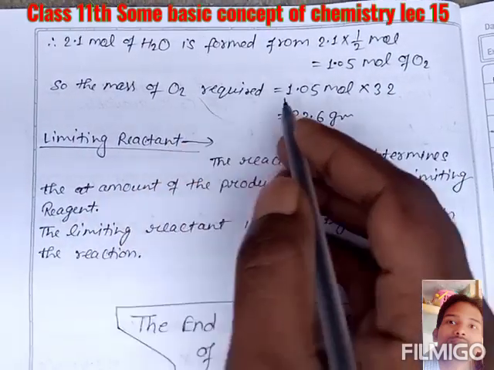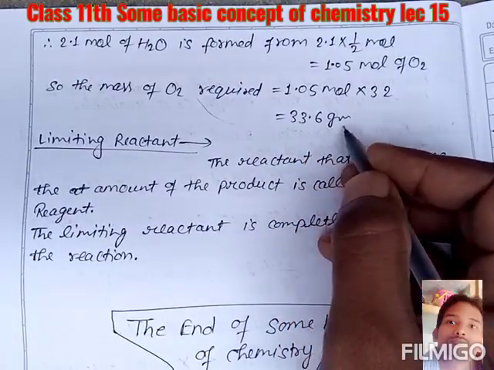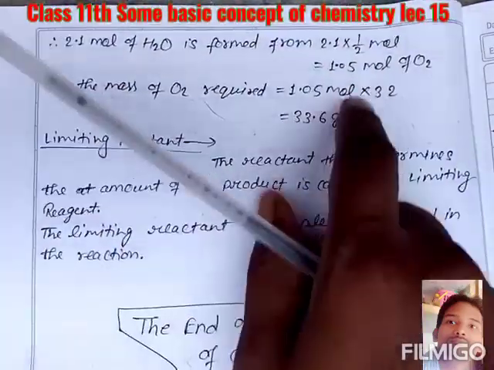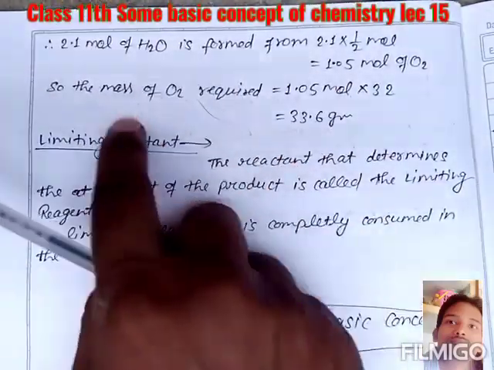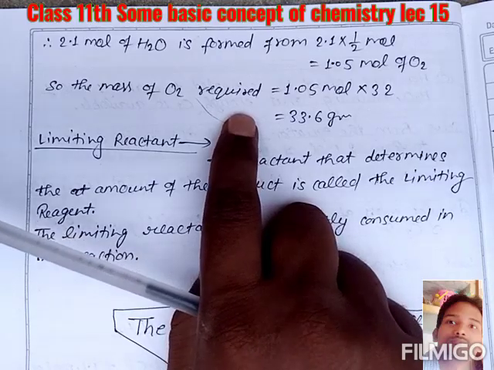So the mass of oxygen required is 1.05 moles into 32, that is 33.6 gram. This comes from the previous lectures, either the third or fourth, where we have already learned how to find the mass from the moles.